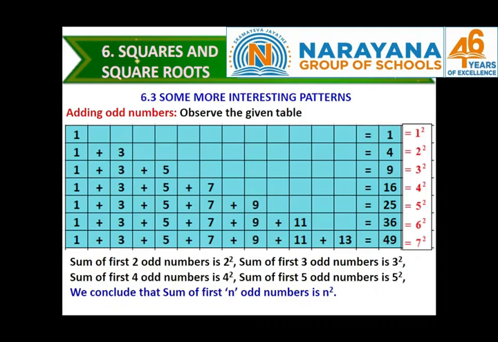See the last example, 1 plus 3 plus 5 plus 7 plus 9 plus 11 plus 13. Remember that here n is not equal to 13, because n means the number of terms we are taking. Here I am taking 1, 2, 3, 4, 5, 6, 7 numbers, so it is equal to 7 square.